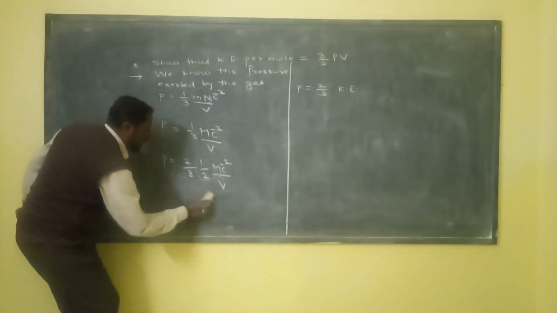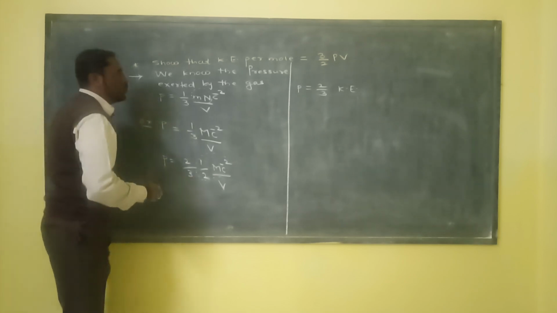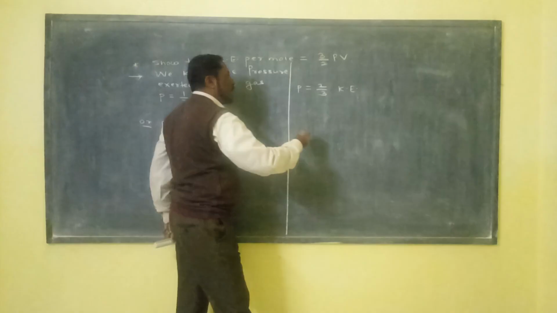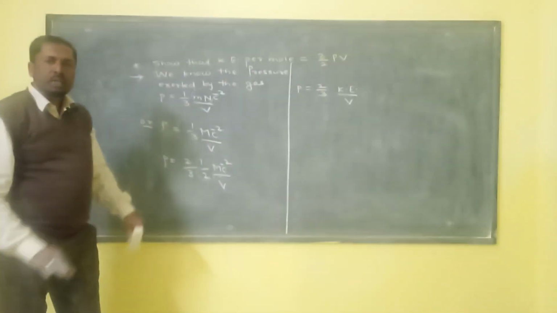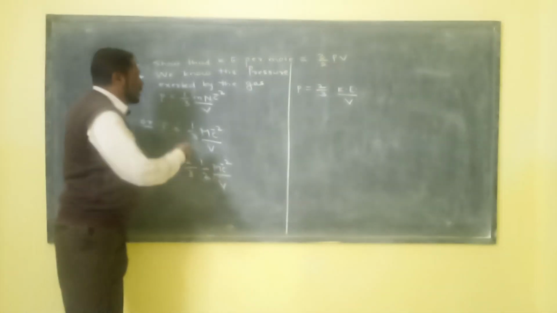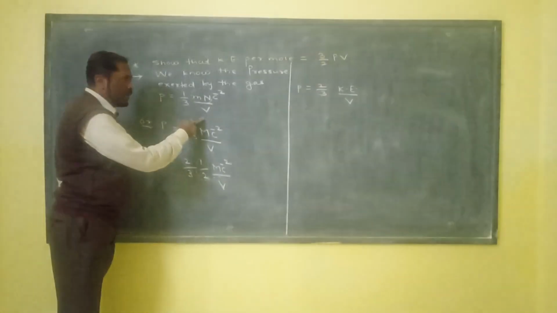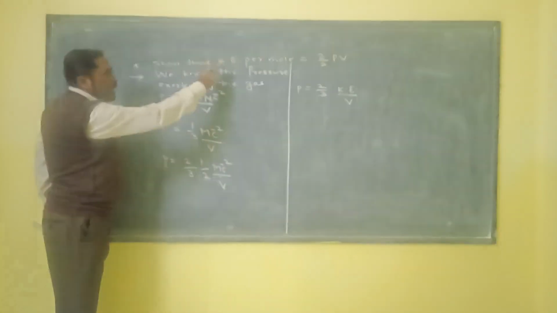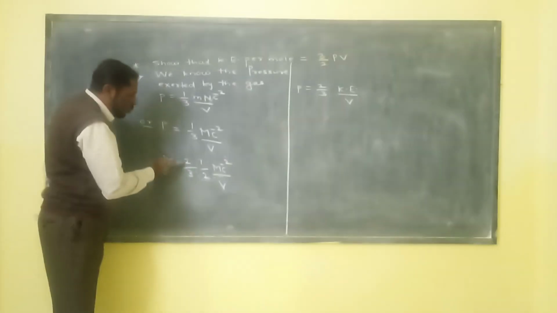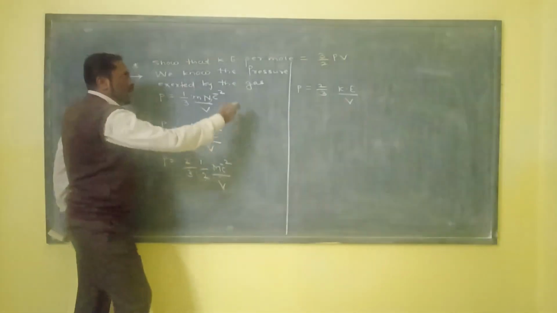So how can we write it in this way? P is equal to 2/3 kinetic energy per unit volume V. Keep it as it is. You are well familiar with the starting point, 1/3 mn bar c square by V. This mn can be written as capital M. Now in the question, kinetic energy, so 2/3 1/2 m bar c square by V. What is again in the question?